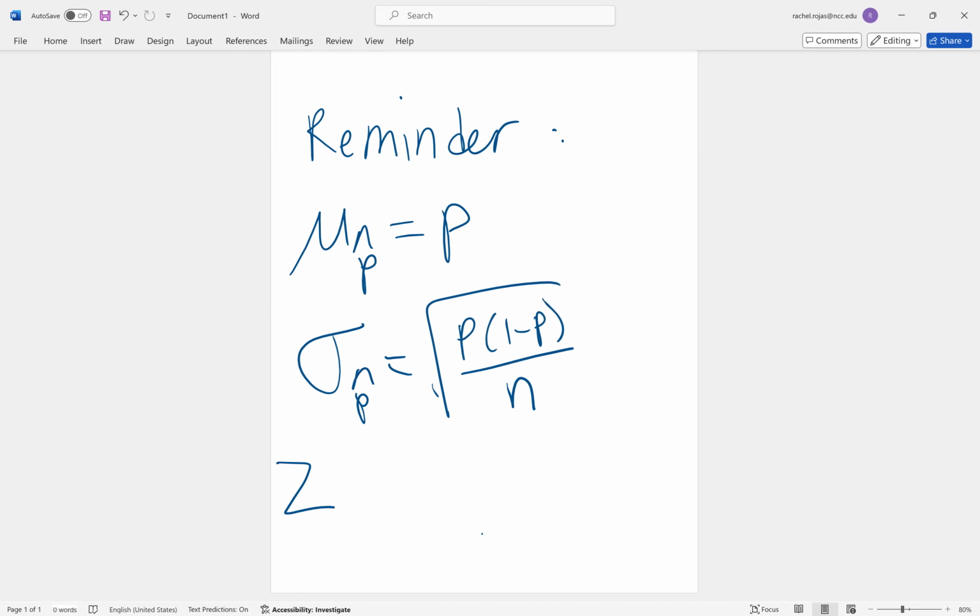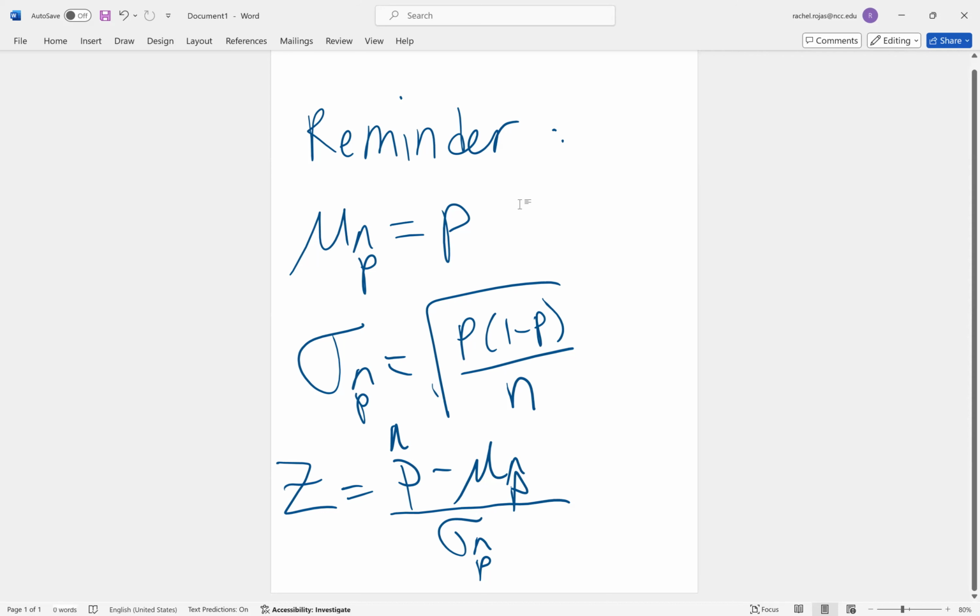And if I want to get the z-score for p hat, I take p hat, I subtract the mean of all the p hats, and we divide by the standard error of all the p hats. So this is why chapter 8, sampling distributions, is so important, because we can't do all of this unless we're aware of the properties of these sampling distributions and we know how to model them.